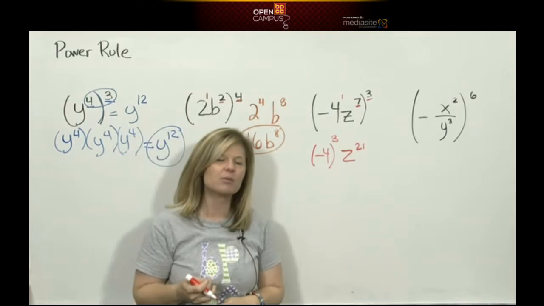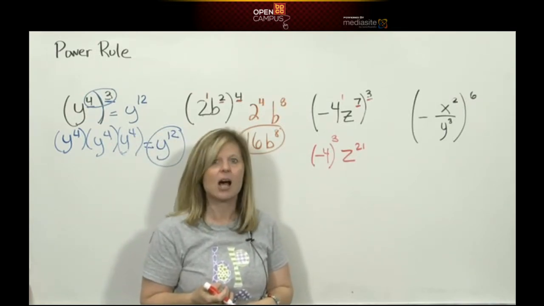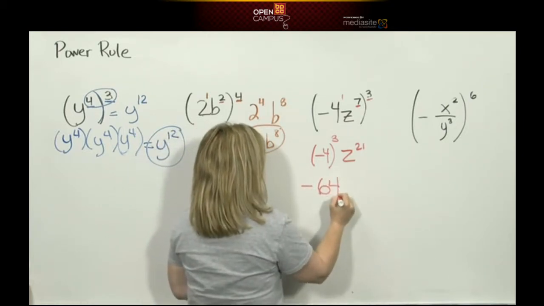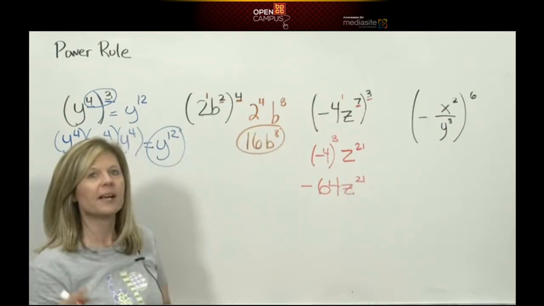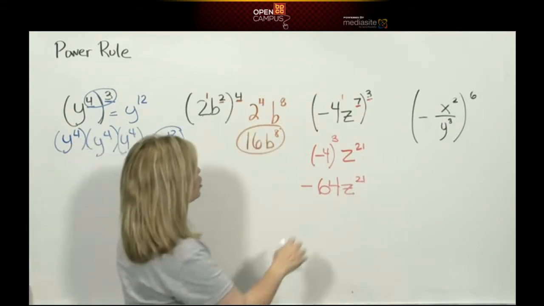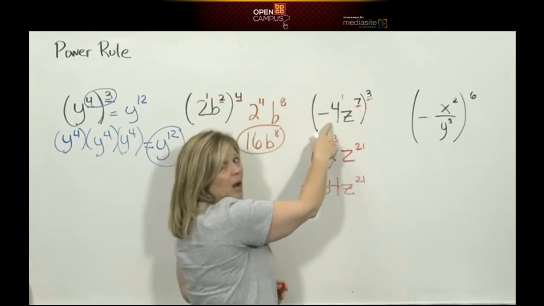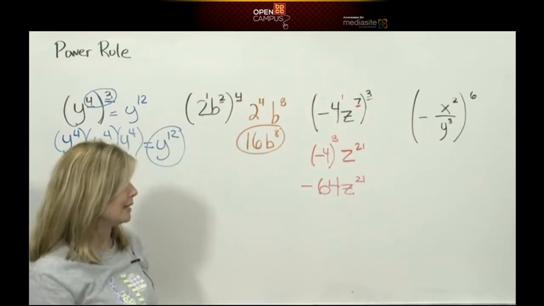Well, negative 4 times negative 4 is positive 16. 16 times another negative 4 would be negative 64. And this would be z to the 21st. So the biggest mistake you all make is you'll do the exponent connected to the variable, but you'll forget the number, the coefficient also has an exponent, and you have to do it.